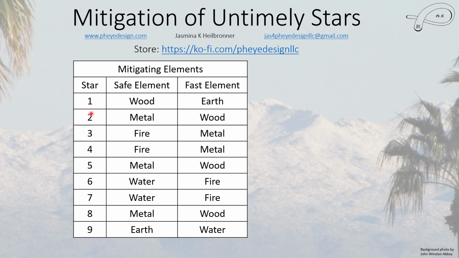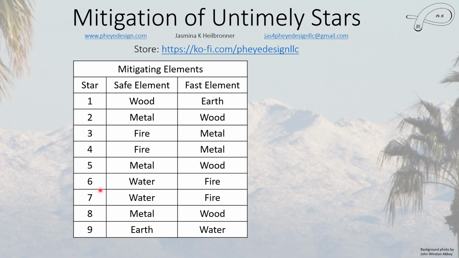For the earth star 2, metal weakens earth, wood controls earth. The star 3, which is wood, fire weakens wood and metal controls it. Same thing is true for 4. Star 5 has the same rules as 2 because they're both Earth stars, as does star 8.